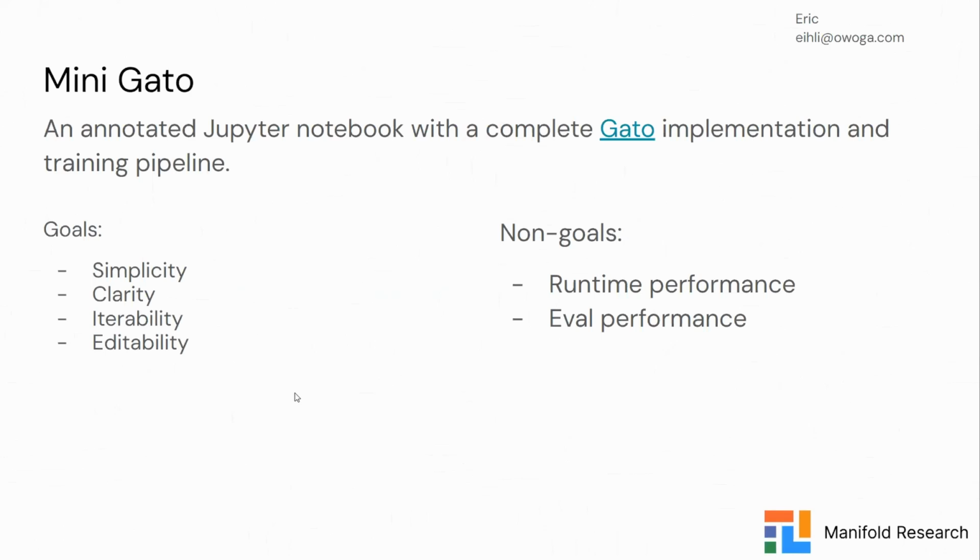Not focusing on runtime or eval performance, but trying to make it something that is understandable and clear. With the idea in mind, I see a lot of people in Discord asking how they can contribute, how they can get started. And I want this notebook to be a good jumping off point for people who want to get started.